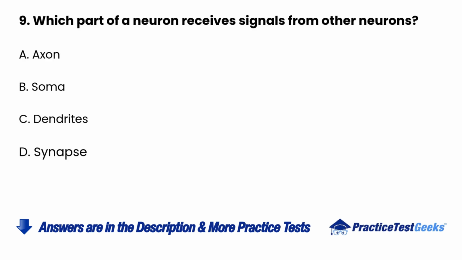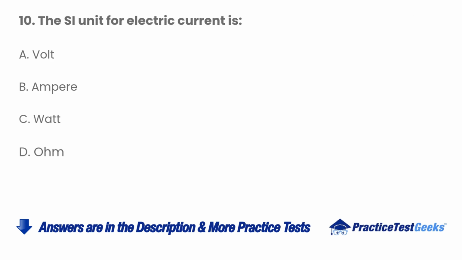Which part of a neuron receives signals from other neurons? A. Axon. B. Soma. C. Dendrites. D. Synapse. 10. The SI unit for electric current is A. Volt. B. Ampere. C. Watt.